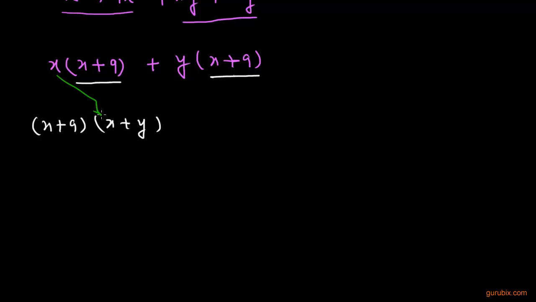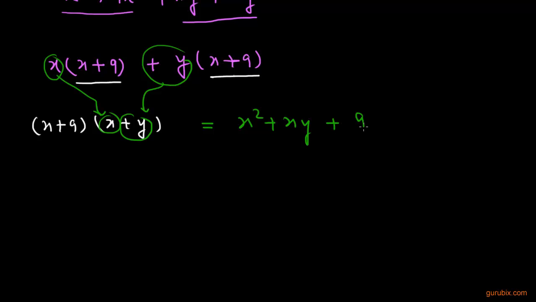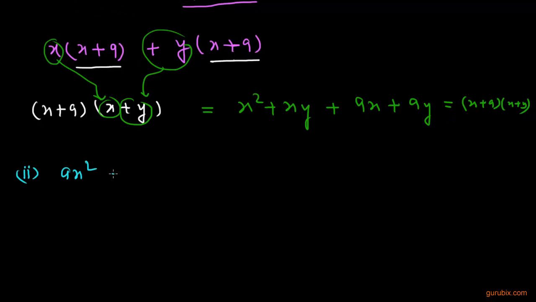This x comes from here and this y comes from here. So the factorization of x square plus xy plus 9x plus 9y is equal to x plus 9 into x plus y. Now we shall move to the next part of this example.